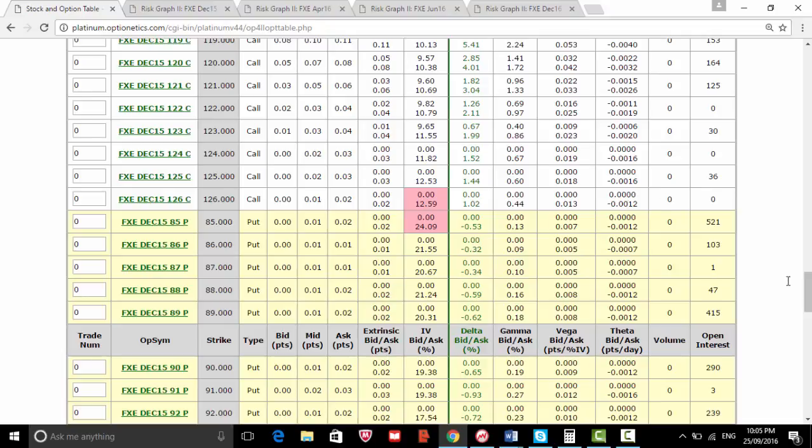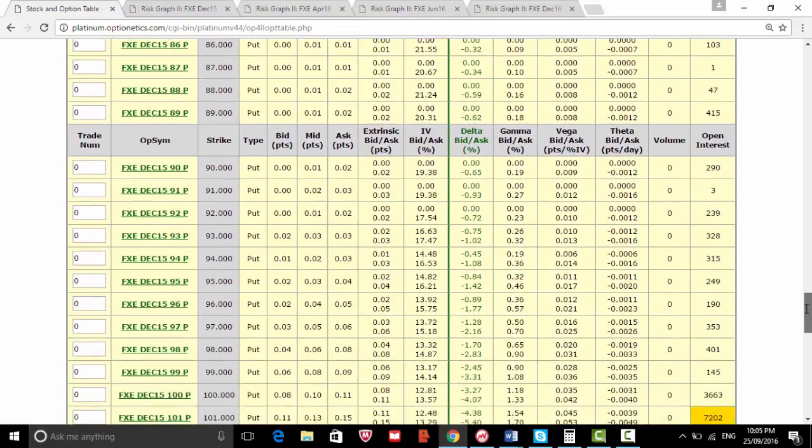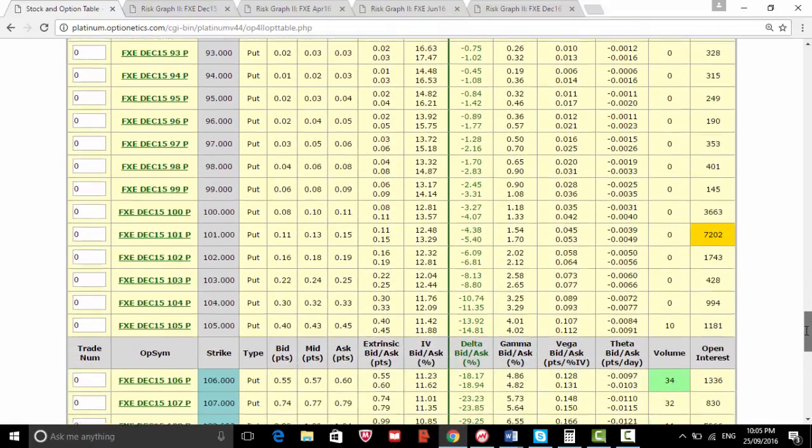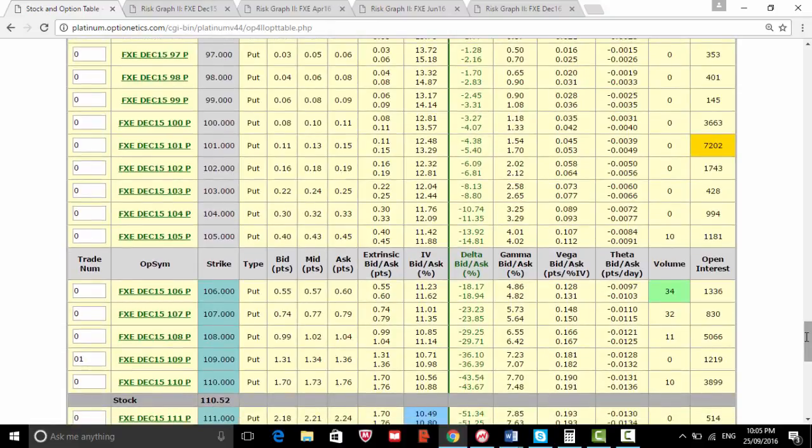If I scroll down, here's the delta column. Keep an eye on that. You'll see the delta is getting bigger and bigger, and when it gets to 35 to 40, I'll stop. So here we go, here's the delta between 35 and 40, and it's also within 2 strikes of the current price of the instrument. So I'm going to buy one of those as well.